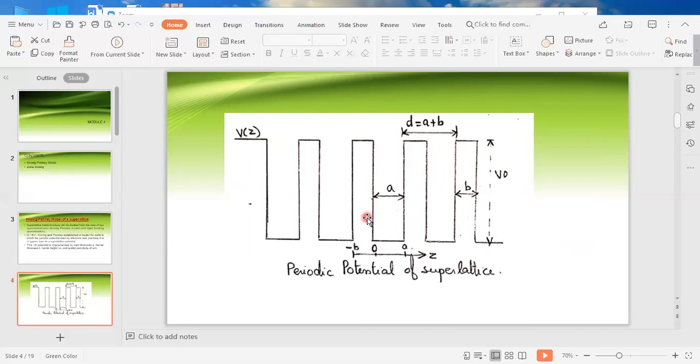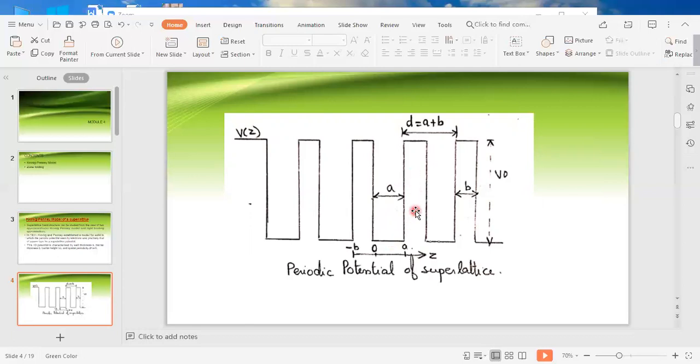Now, we are considering the superlattice to be a collection of multiple quantum wells. So, the barriers are thin and electrons can tunnel through the barriers, which means there is a presence of electrons inside the well as well as in the barrier.